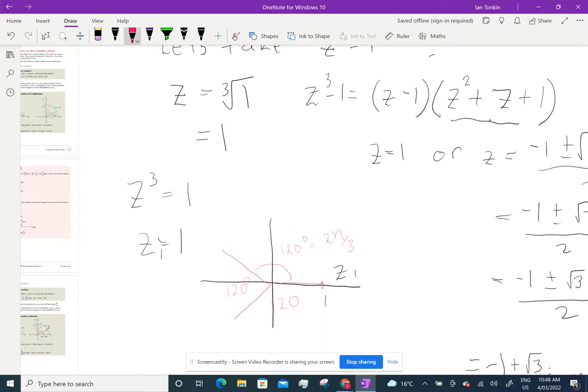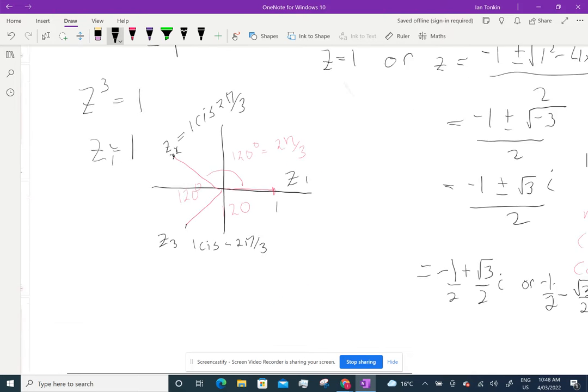So this Z2 is the same modulus, 1, so it's 1 cis 2 pi on 3. And this one, Z3, is going to be 1 cis negative 2 pi on 3.